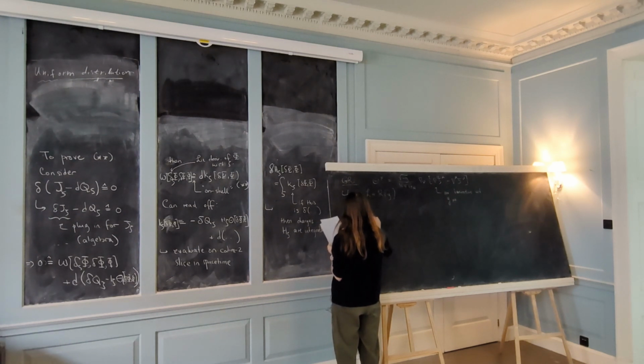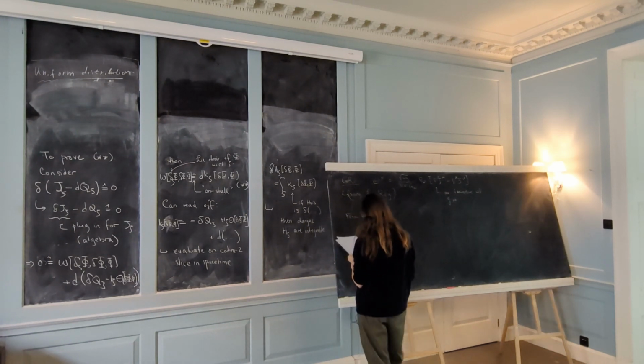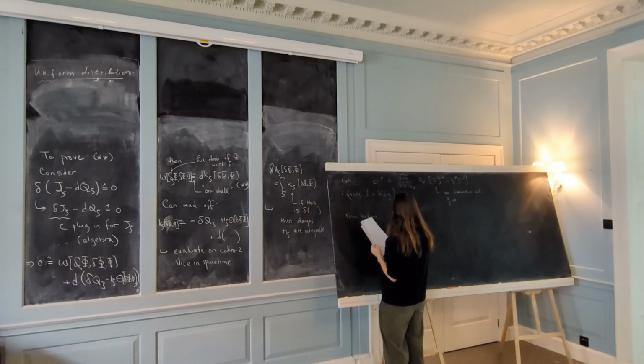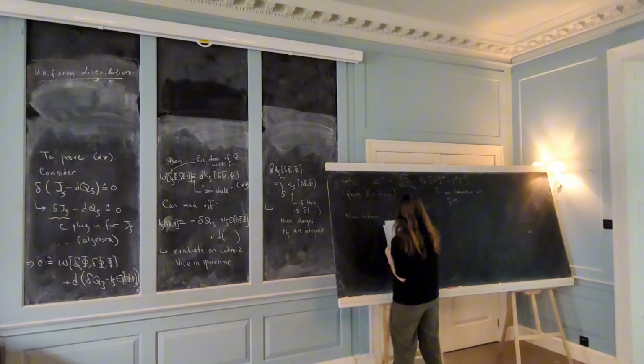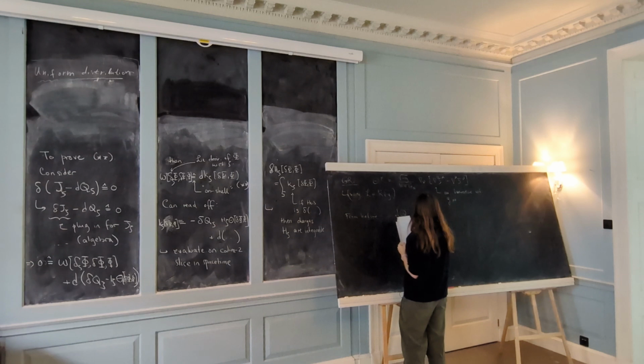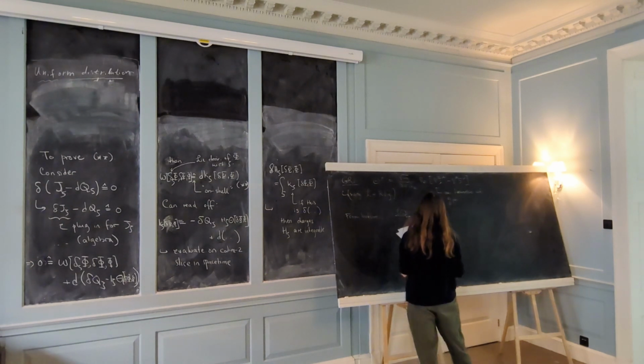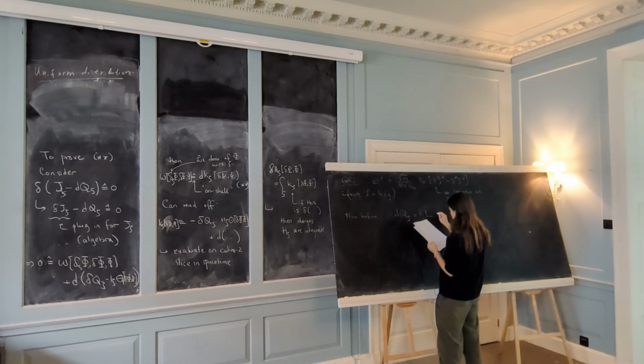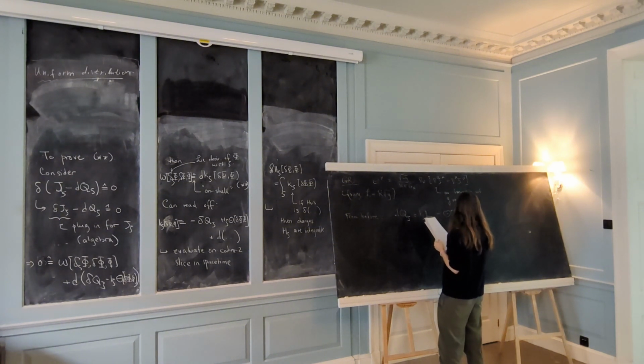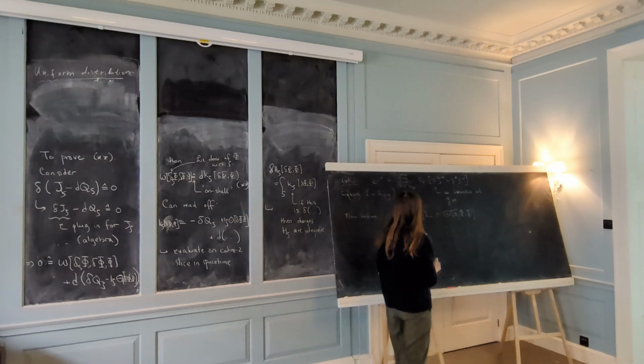from what we found before, we have that d of Q0 is the interior product along zeta of the Lagrangian form L minus theta. Okay, remember this formula that we've written.